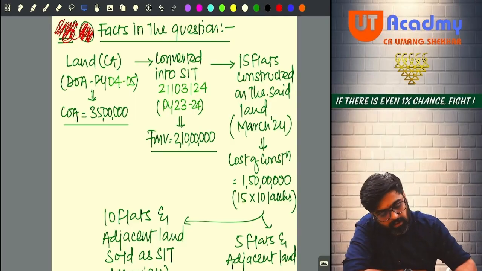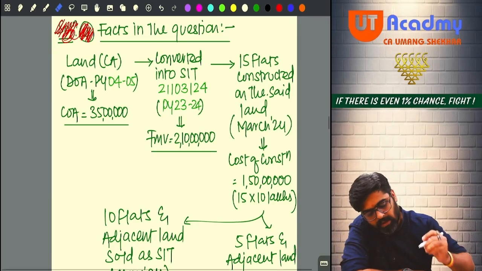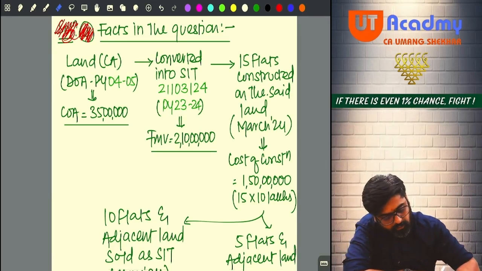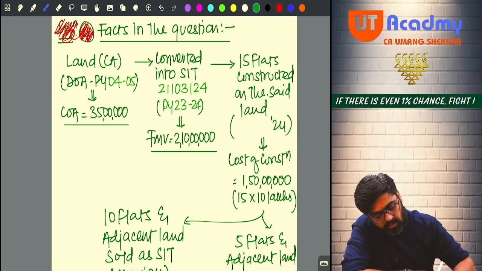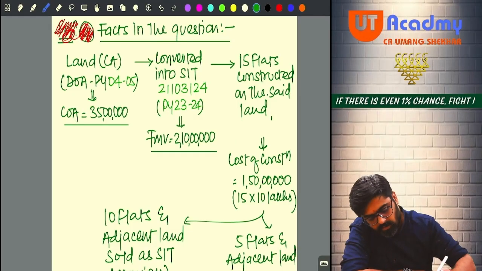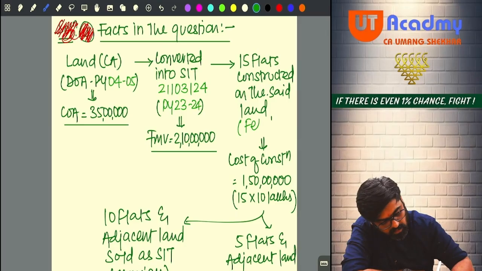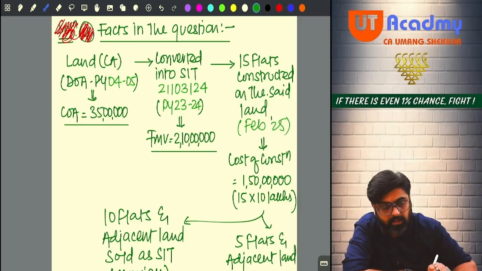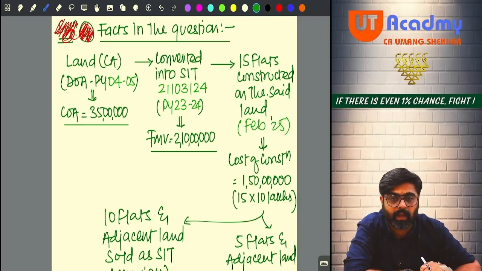So when the 15 flats got constructed, the construction of the flats got completed in February 2025, if I am not wrong, Feb 25. The construction got completed. And each flat construction costed 10 lakh rupees.